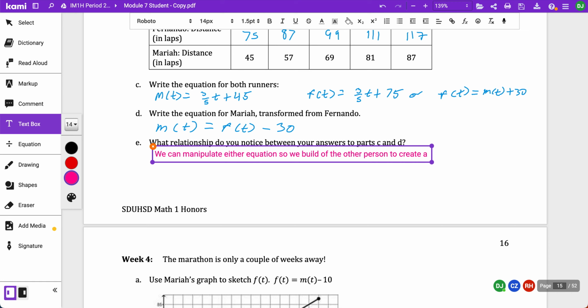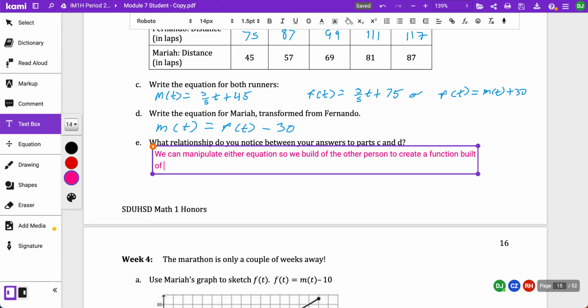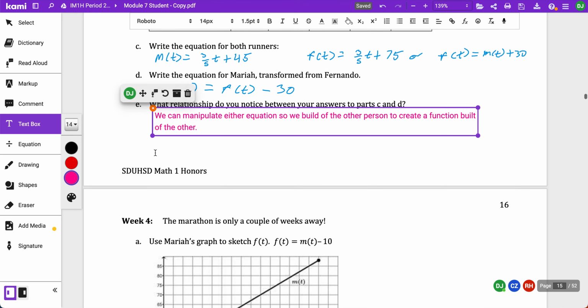So we build off the other person to create a function built off the other. For instance, it doesn't matter, you could write m of t or f of t equals, but then we would just have to manipulate the equation so it represents the table or graph above.